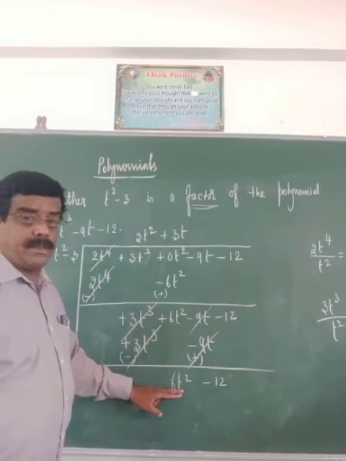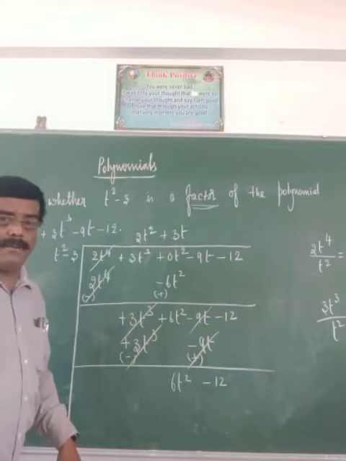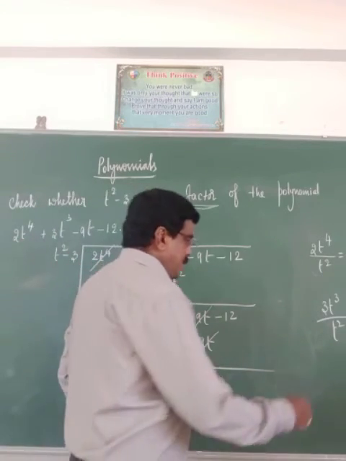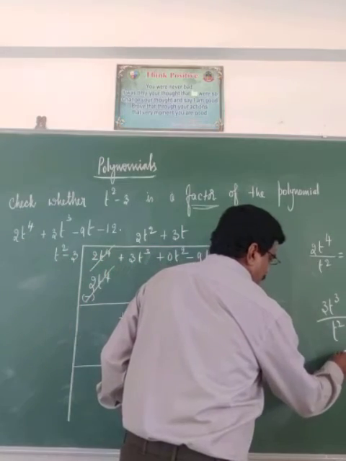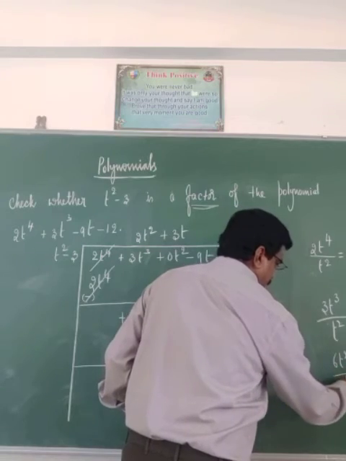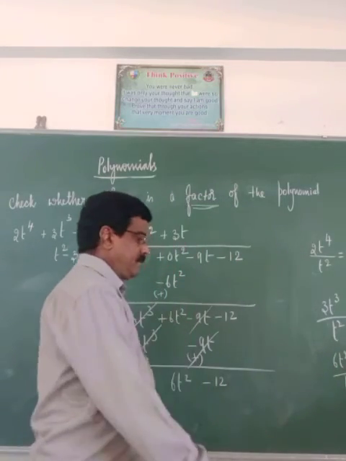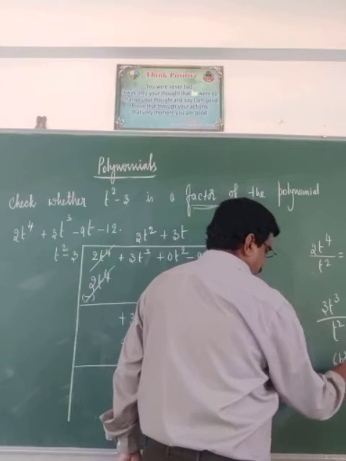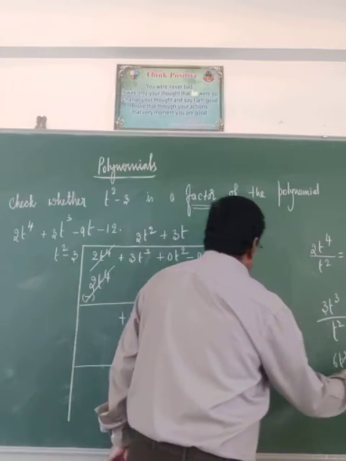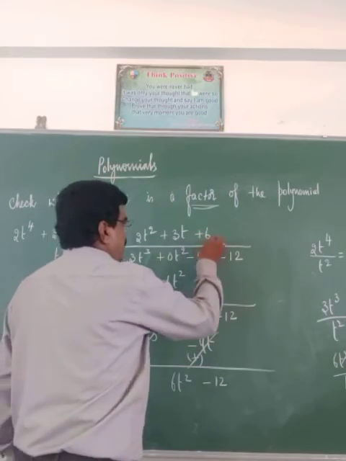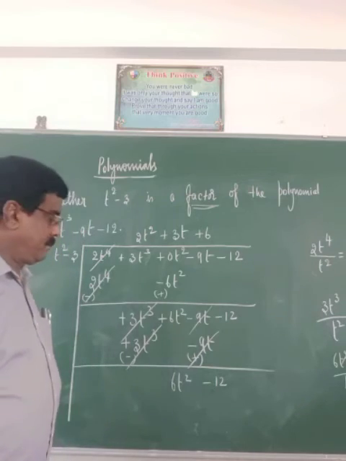So again you have to proceed, because t square here also t square, you can divide. Again this 6t square, write it in the working column. Divide by t square. This is the procedure, children. Cancel t square and t square to get 6. And this plus 6 enter in the quotient place.